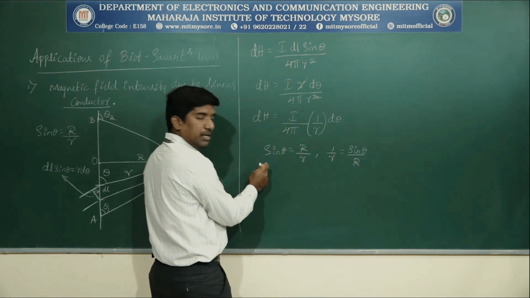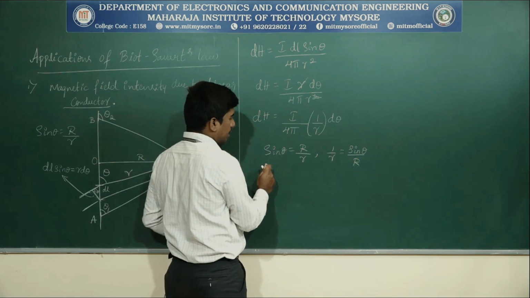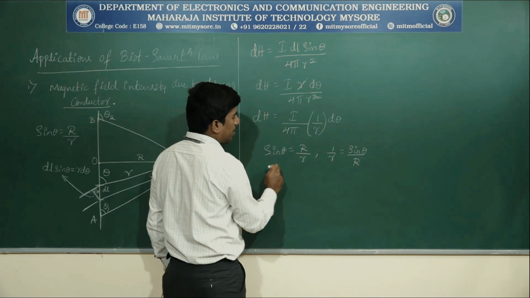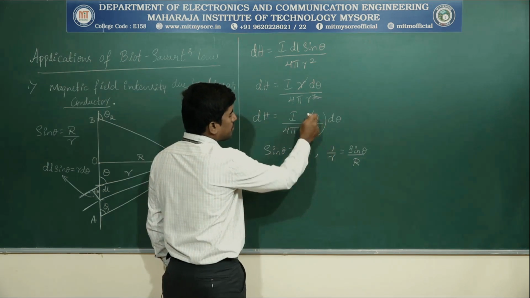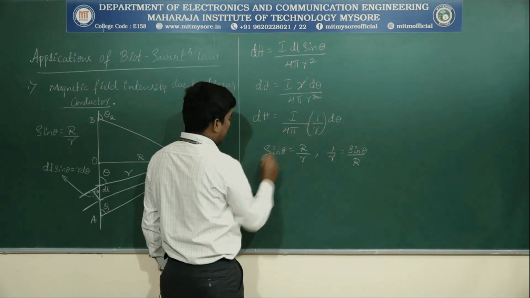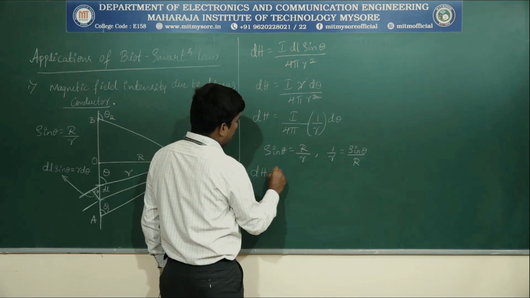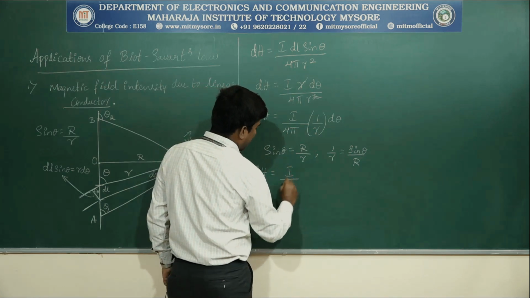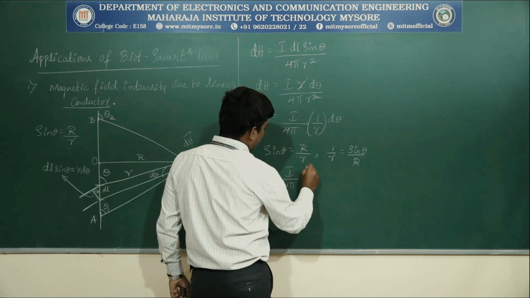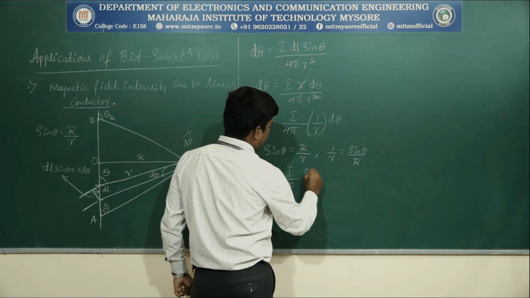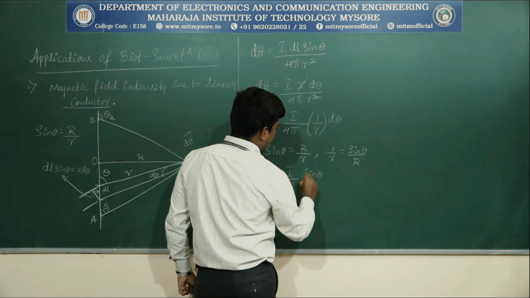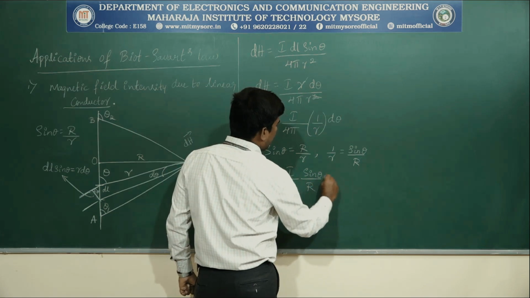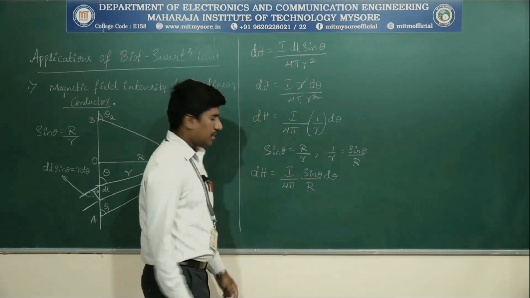If I cross multiply this r to this LHS, then sin theta divided by capital R is equal to 1 by r. Substitute into the above equation, then dH is equal to I divided by 4 pi into sin theta divided by R into d theta, right?